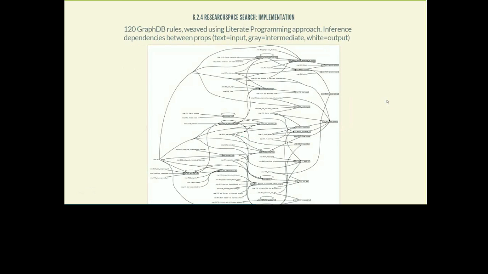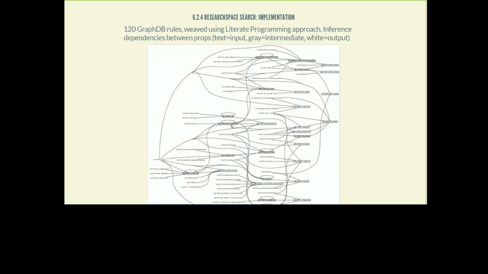Now, implementing this is rather a challenge, and we did this as part of ResearchSpace using GraphDB rules, about 120 rules. And this here is just the dependency diagram of different properties and how we build them up in the inference.